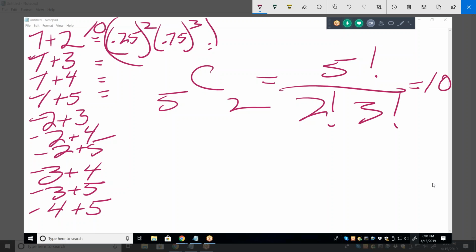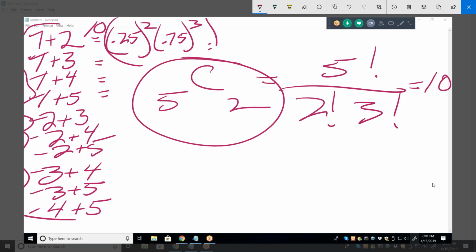Okay, so you can figure out how many you have over here by this formula right there, but you still have to do the inside part. In other words, this gives you the 10, but it doesn't give you that and that. That you kind of have to figure out separately, I think.